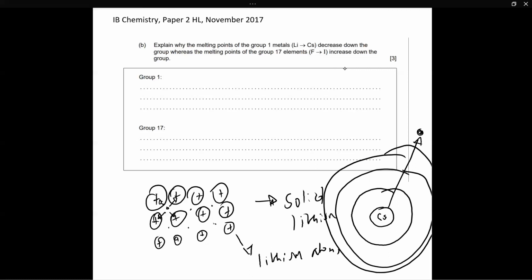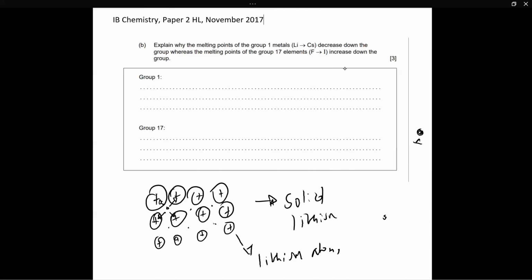Look how far that has become now. Whereas if this was just lithium, the electron would be right here. It would be so much closer, right? And consequently, if it's closer, the force of attraction will also be stronger. If it's more far away, the force of attraction is weaker.